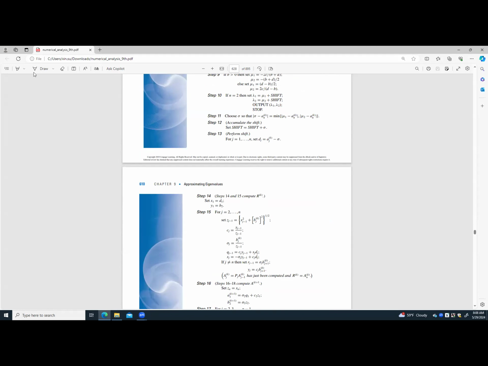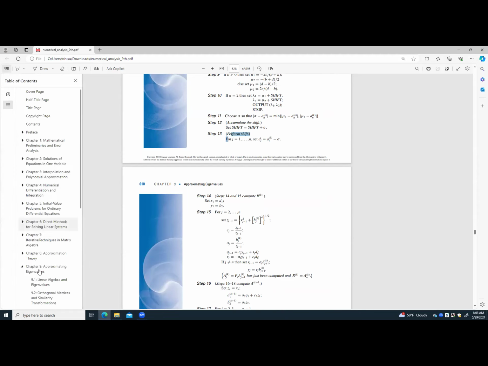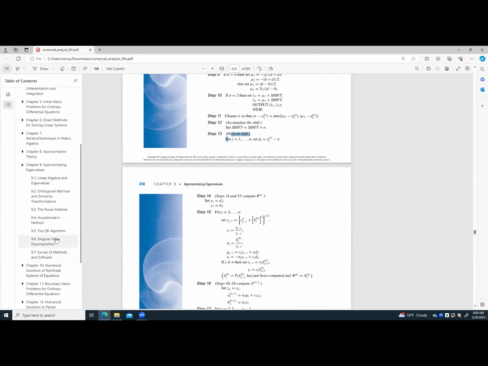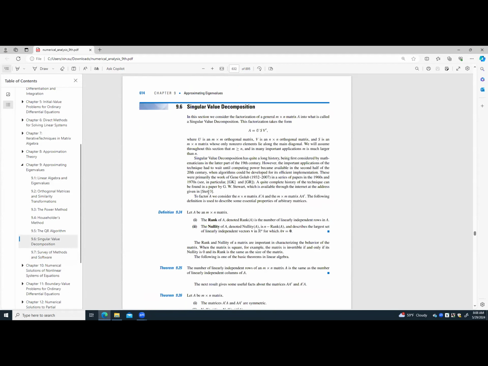Where's the content part? Okay, so I also need you to read something about this section, section level 5. But you should expect just two to three questions from this extra reading.